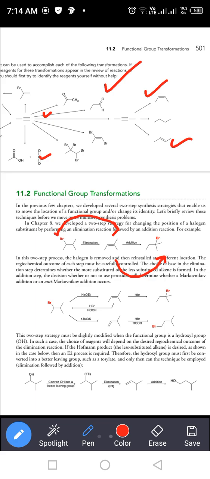So when alkene converts into alkyl halide, we have to keep in mind two rules: Markovnikov addition or anti-Markovnikov addition. We know the conditions and reagents for Markovnikov addition and what the result will be, and we must also know the anti-Markovnikov addition reagent and its result.